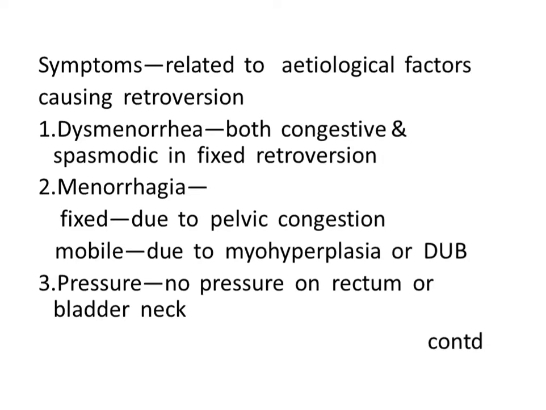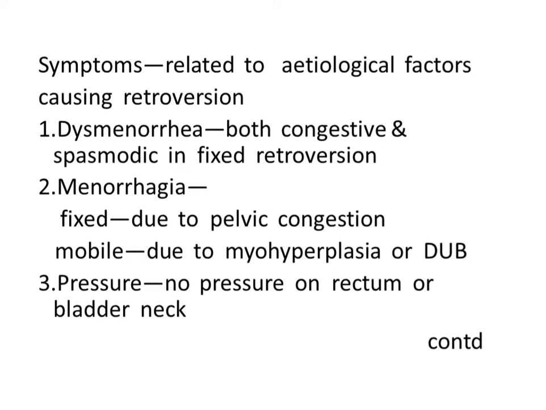Then in mobile retroversion, it may be because of myohyperplasia, that is hyperplasia of the myometrium, or it may be DUB, where the hormonal imbalance is there. There is derangement of the HPO axis, and that hormonal imbalance may be causing the menorrhagia. Then pressure, usually pressure symptoms are not major.